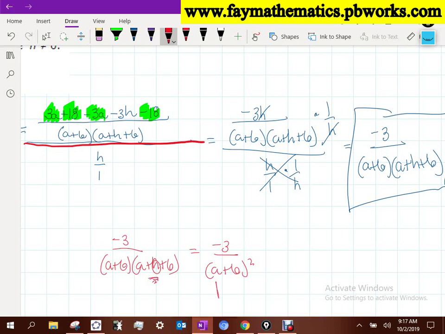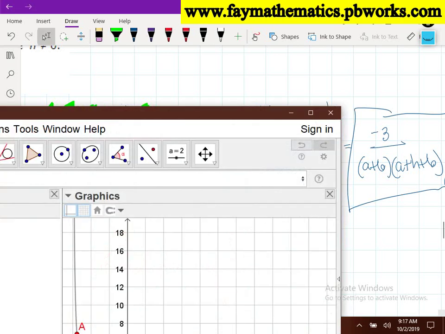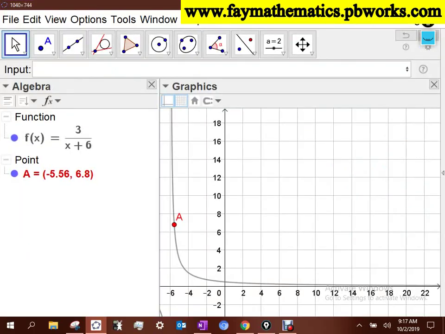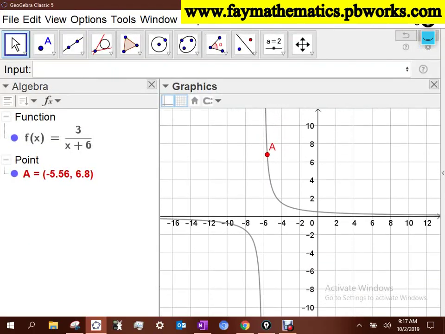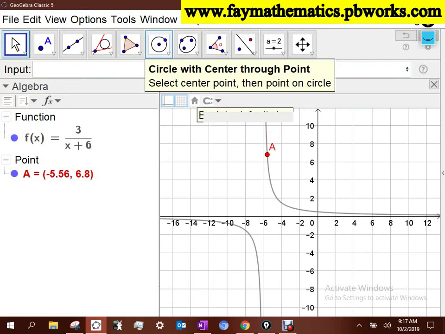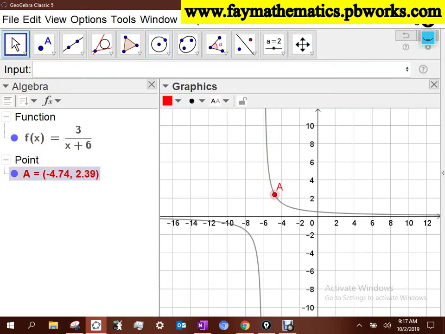Now, I want that a value, that is an x value. So what I'm going to do, I've graphed this already for us. This is the graph that we started with. And that process that we just went through is going to generate us a slope of this curve no matter where a is.